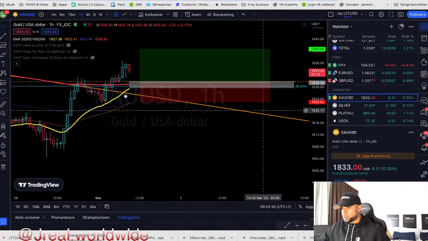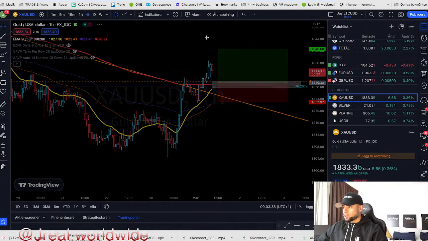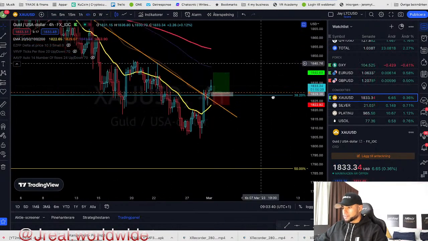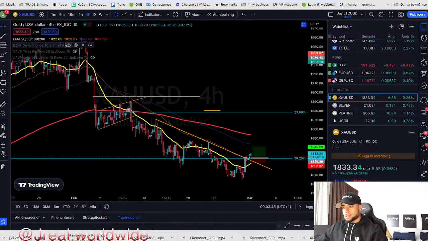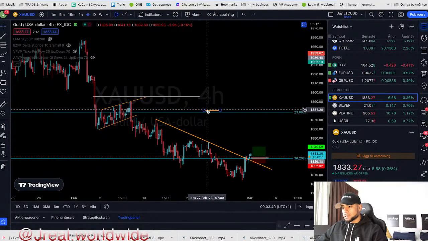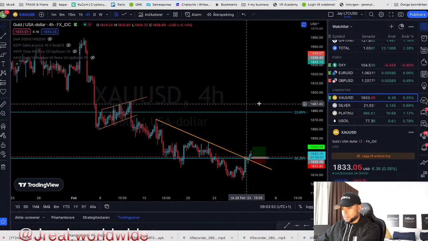What we can do is we can already set out the stop losses so this trade is ready to launch when it's time. So let's clean the chart up a little bit like this. Clean some of this stuff up.